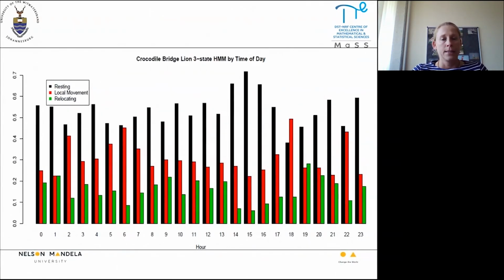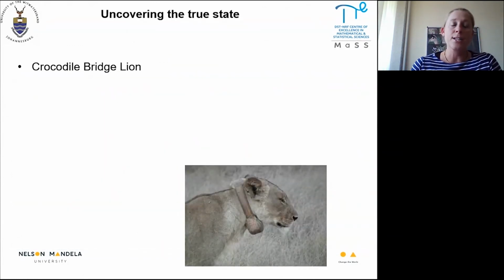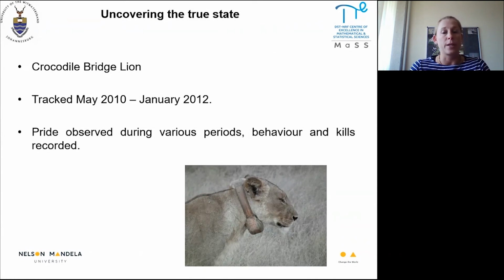The reason why we had a look at this movement rate model was that for a period of time, they actually went out in Kruger and tracked this particular lioness. The pride was observed during various periods, the behavior was noted, and kills were recorded.